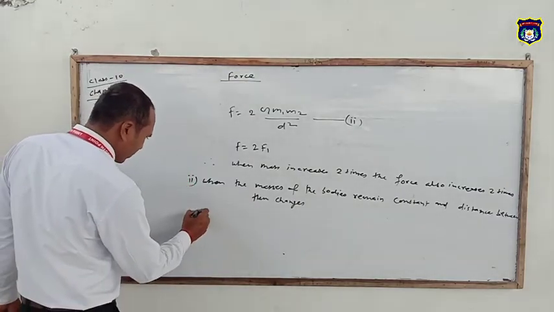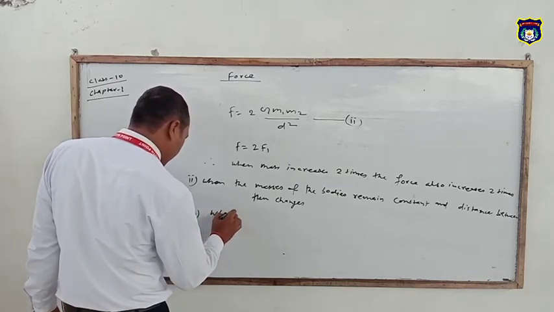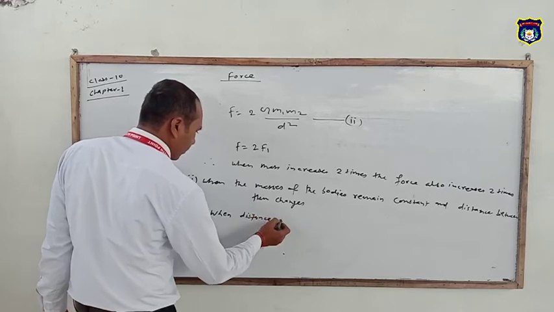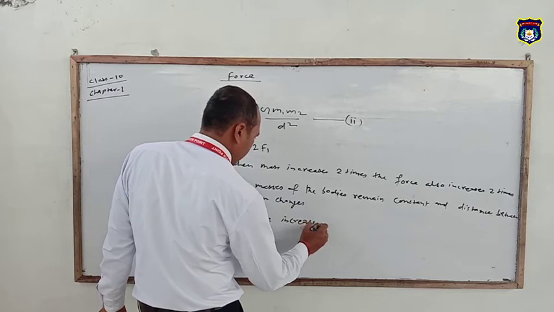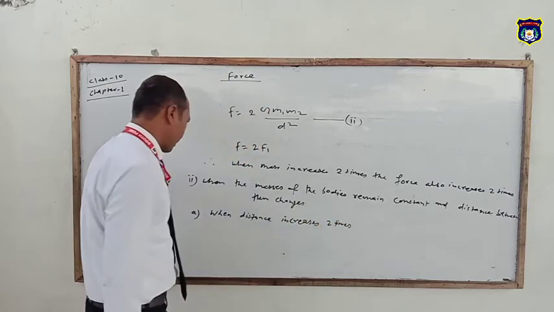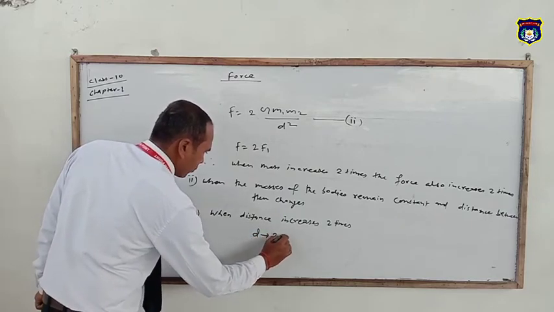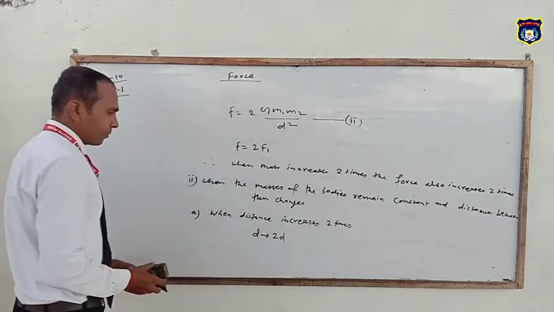A special case we have to write here: when distance increases 2 times. It means d becomes 2d.